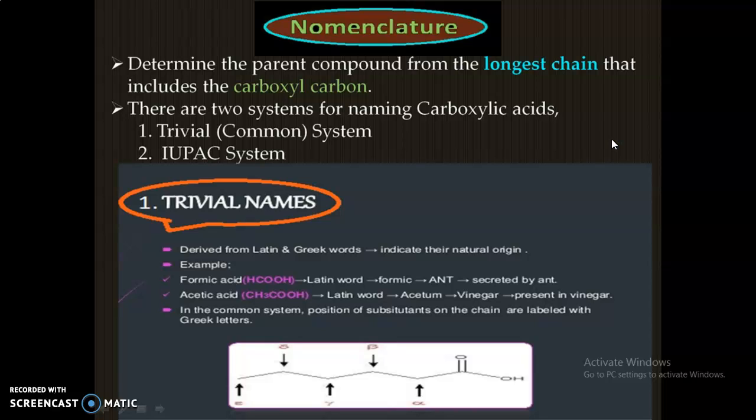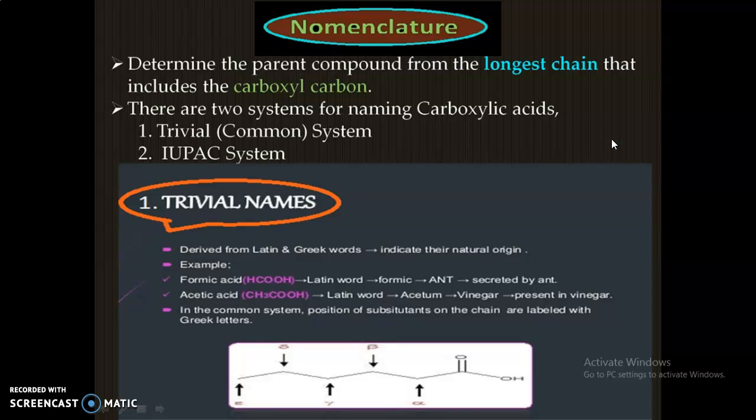There are two systems of naming carboxylic acids. One is the trivial or common system, and the second is the IUPAC system. The trivial system, also called the common system, helps to remember the drug name from its source, origin, properties, smell, and so on.